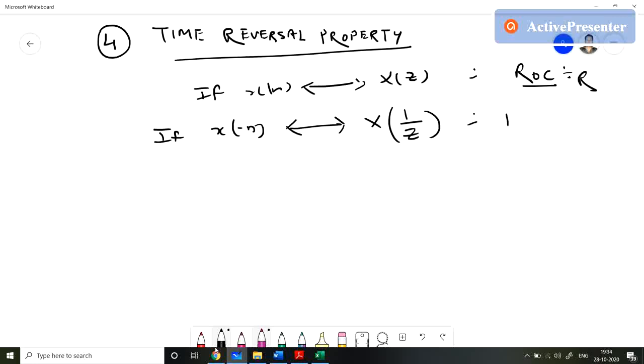And what is the new ROC? The new ROC, let it be R', is equal to 1 divided by R. That is the new ROC.